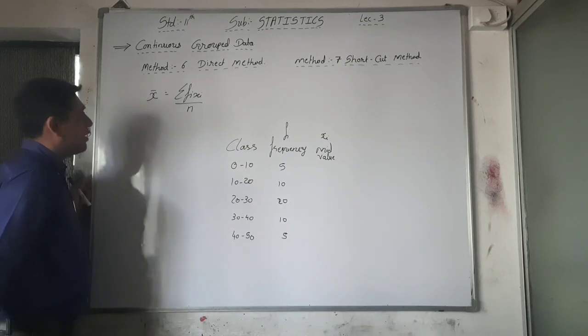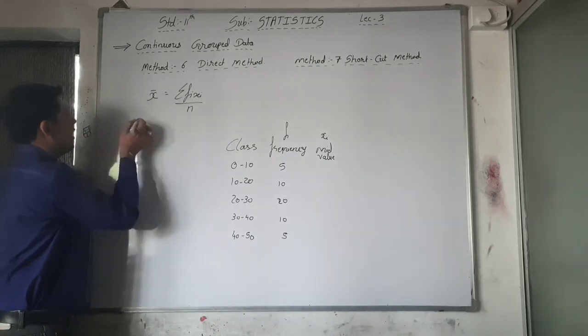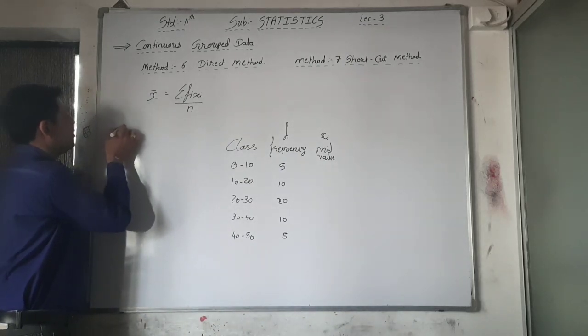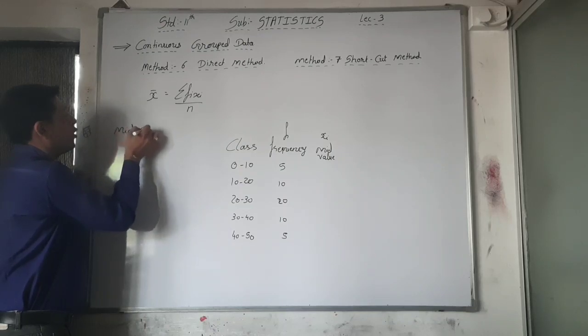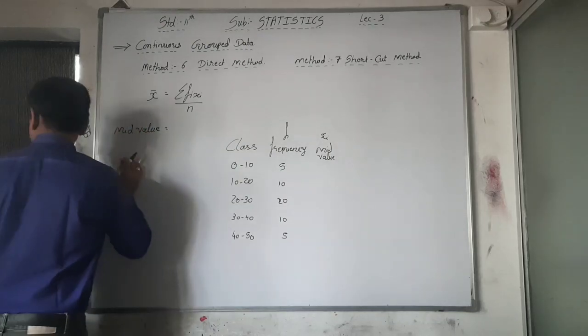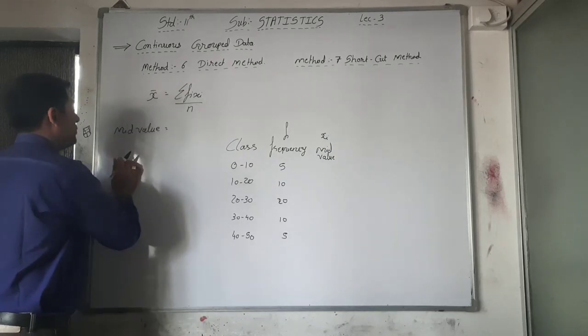First of all I am writing here. For that you have to find out xi, and that is your mid value. For mid value, what is the formula?